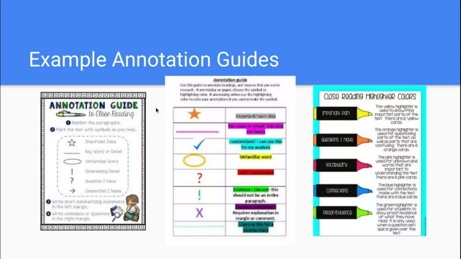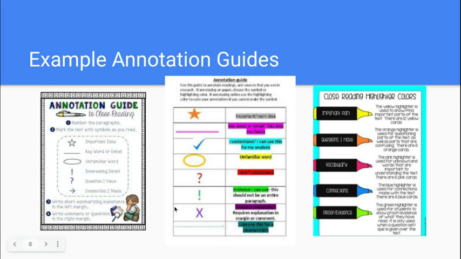I've also given you a few example annotation guides. You can use an annotation guide if annotating is new to you. For example, this one has a star next to important ideas, underlining keywords or details, circling unfamiliar words, using an exclamation mark next to an interesting detail, a question mark to signify a question that I have, and an arrow for a connection that I've made.